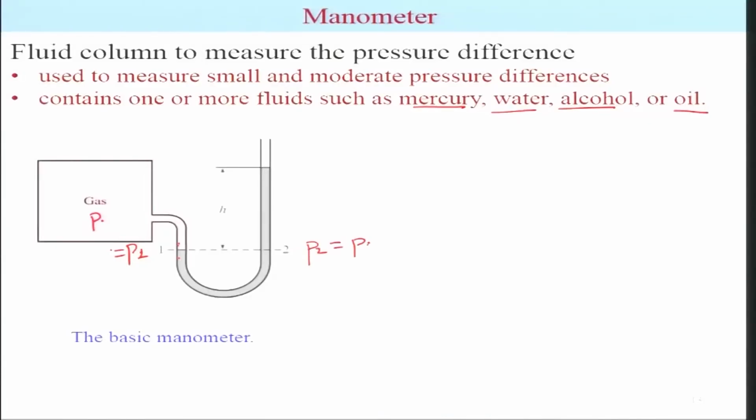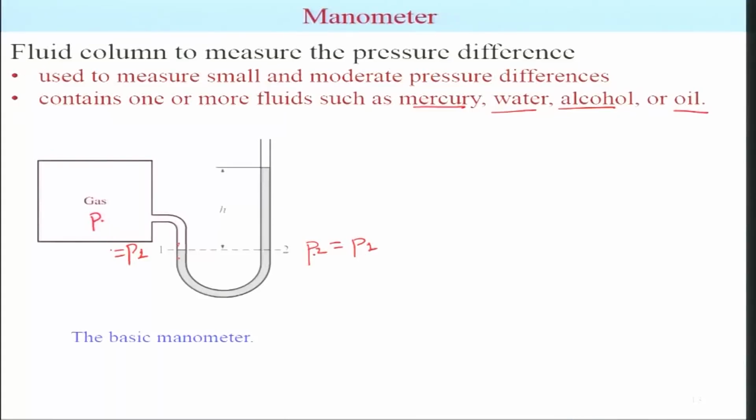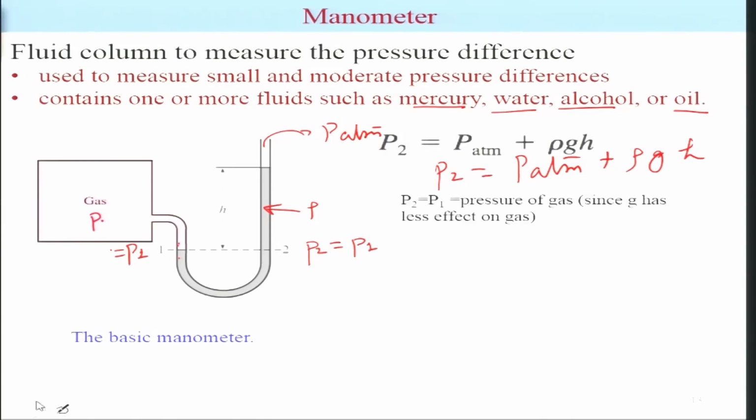So P2 should be the same as P1. So essentially now you can connect this P2 to P atmosphere, which is open here, and you can come up with the expression. So P2 is nothing but P atmosphere plus the density of the fluid which you are going to use, g, and this height. So this is simply rho g h, right. So this is the basic manometer usage.